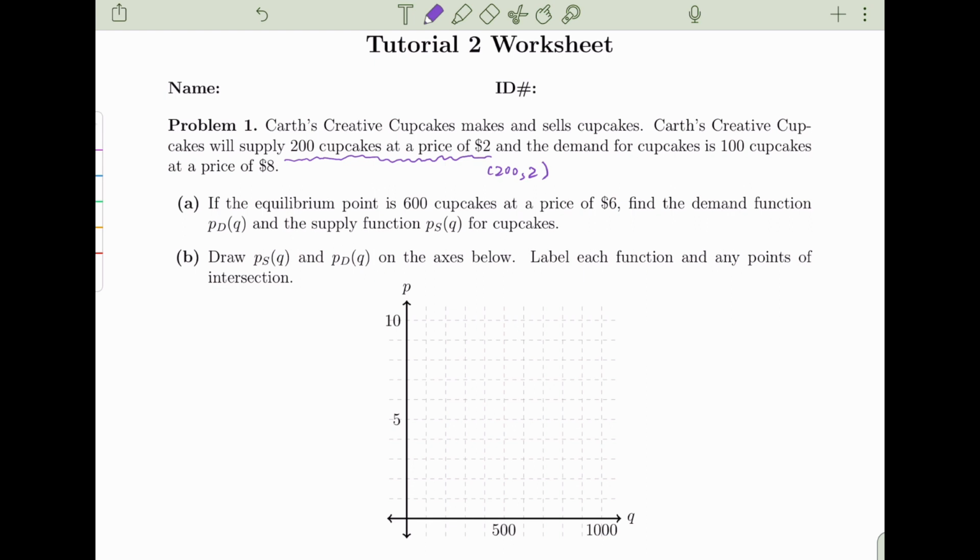Now let's take a look at the demand line here. The second information here tells you if the price is $8, then the demand is going to be 100 cupcakes, right? So it's a point on another line. We will say the green line here. So another point, 100, 8, right?